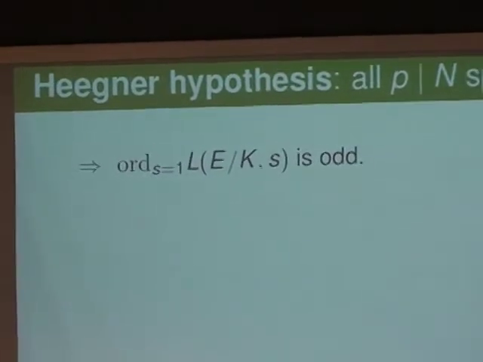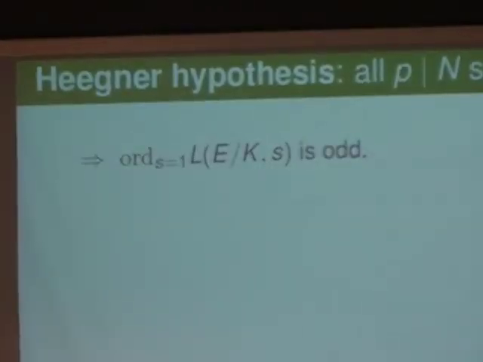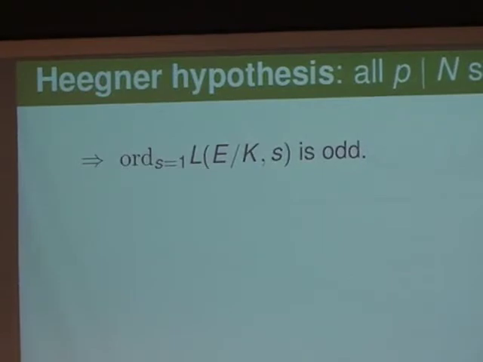Okay, so one thing that you get is that when you consider this elliptic curve over K, this has an L series, it has an analytic continuation to the complex plane, and it satisfies a functional equation. It makes sense to consider the order of vanishing at s equal to 1, which is the critical point, and the sign of the functional equation, it's easy to compute, and it's -1 in this case, so this order of vanishing is always odd.